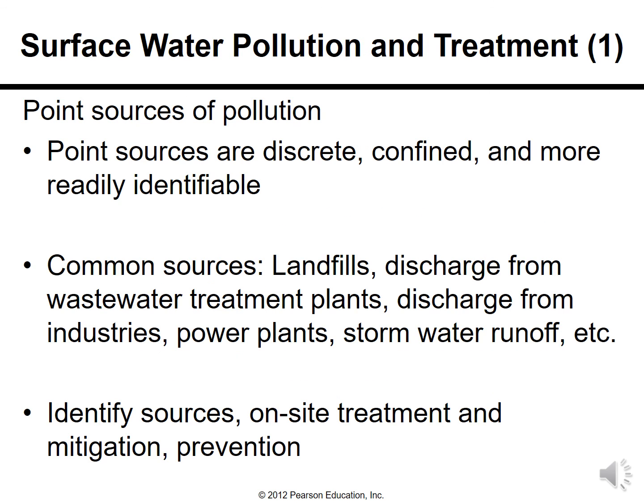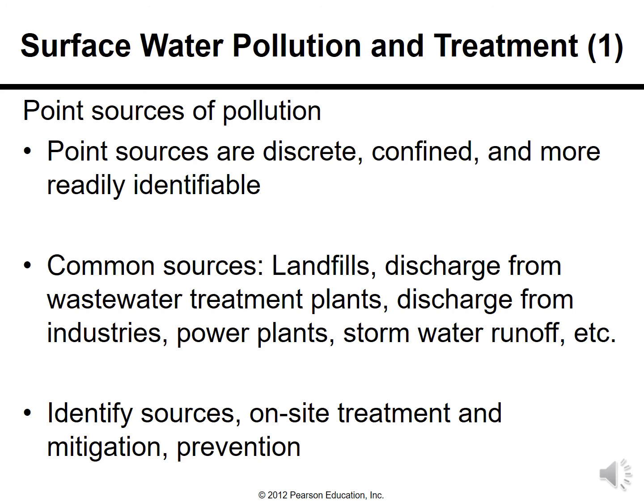Point sources of pollution. Point sources are discrete, confined, and more readily identifiable sources of pollutants. Common sources are landfills, discharge from wastewater treatment plants, discharge from industries, power plants, stormwater runoff, etc. So identifying sources, on-site treatment, mitigation, and prevention are important.